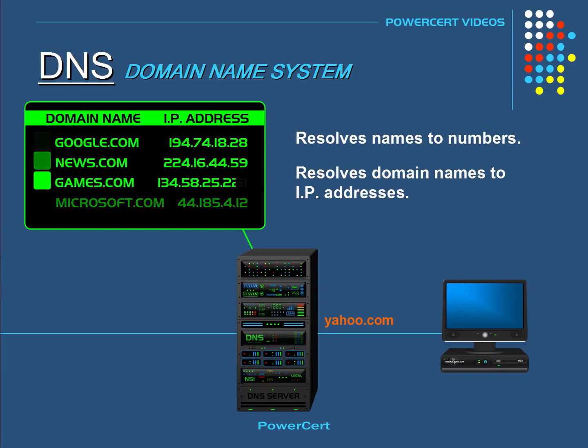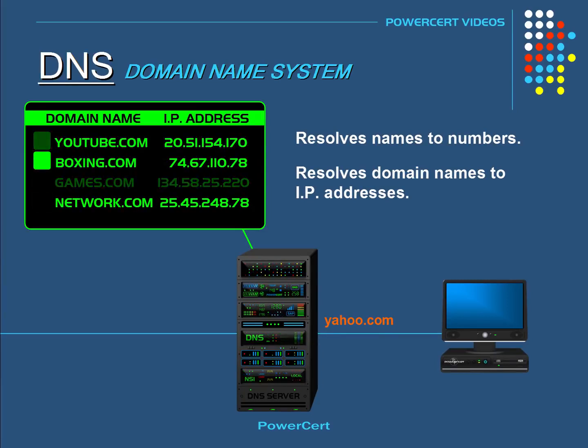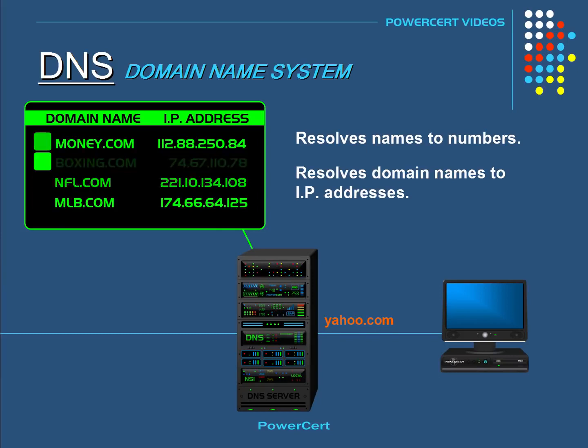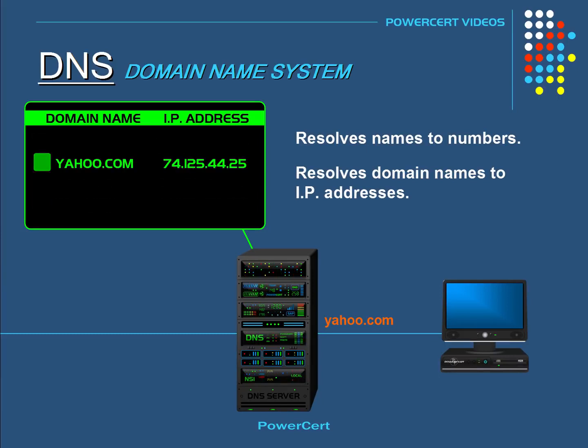And when it finds it, it will resolve that domain name to the IP address of the Yahoo website. And once that is done, then your computer is able to communicate with the Yahoo web server and retrieve the web page. So DNS basically works like a phone book. When you want to find a number, you don't look up the number first. You look up the name first, then it will give you the number.